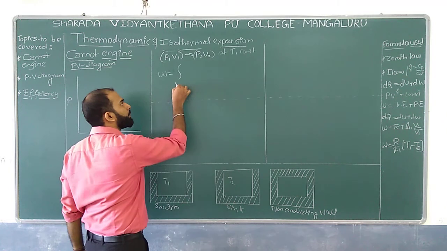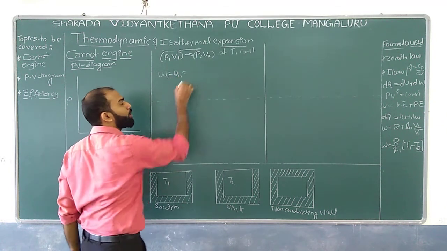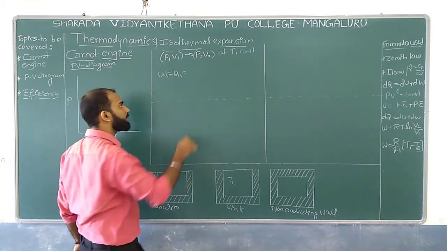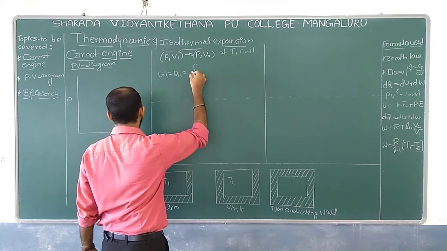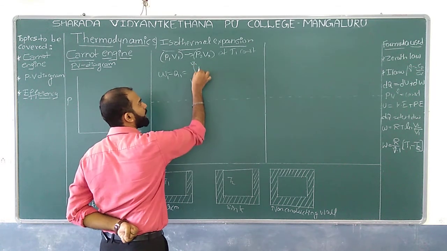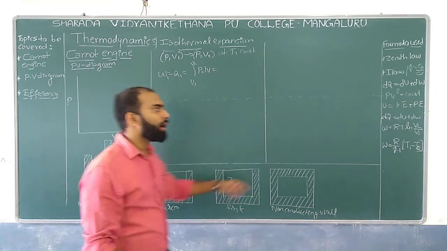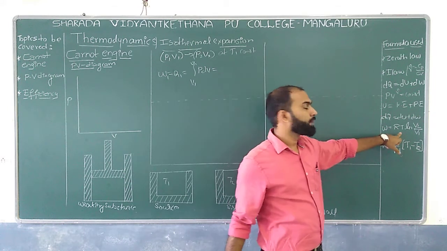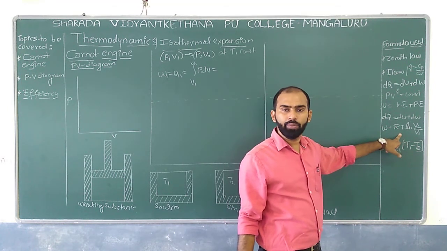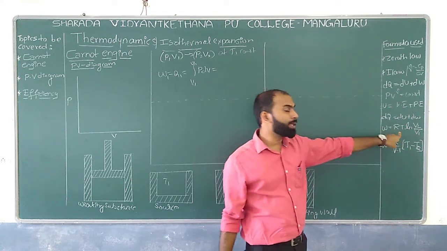This W1 is equal to Q1, because Q1 is the amount of heat absorbed from the source, which is equal to the integral from V1 to V2 of PdV, which is equal to the work that we had for an isothermal process, which we have discussed in a separate derivation part. So this was the end product of that particular derivation.